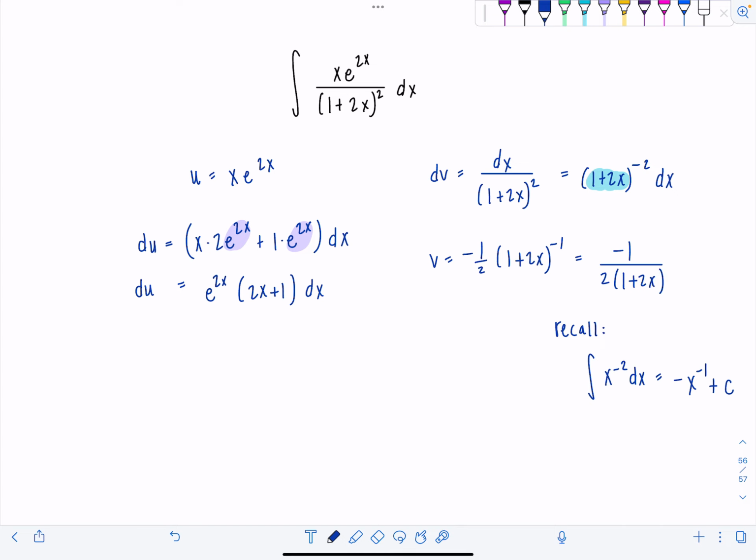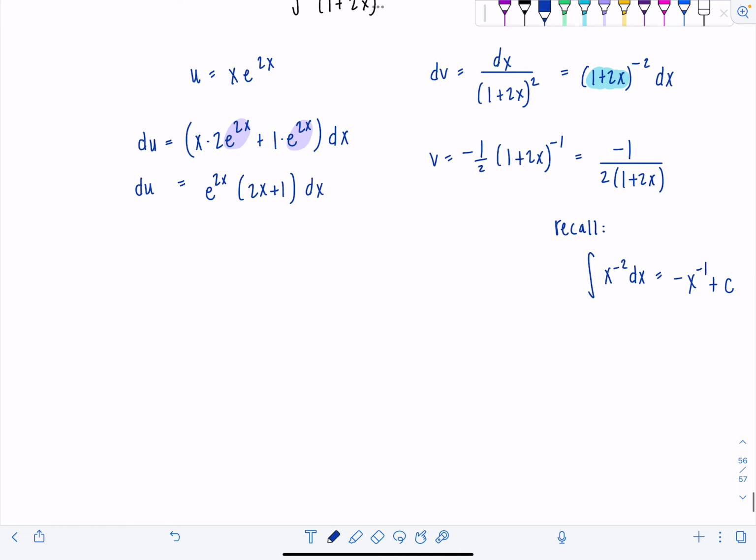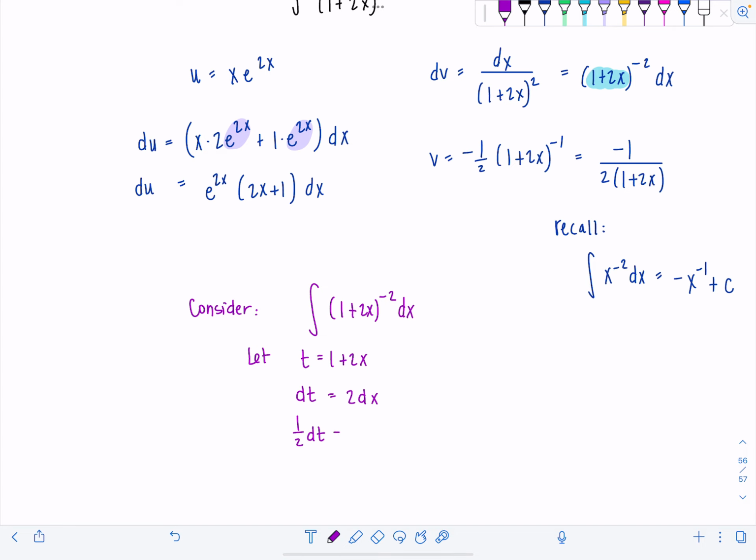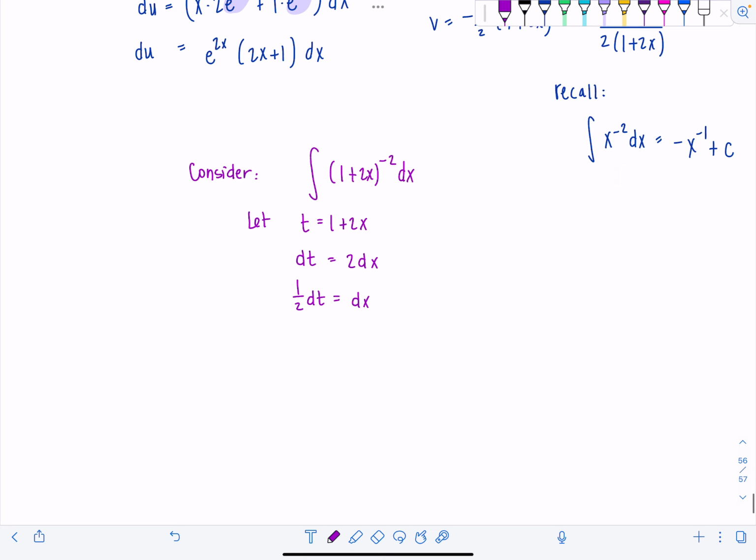Now, if you don't see why we need that 1/2, then you can go ahead and do a full-on substitution, and I'll show you that here right now really quickly. So if you need to just say, okay, this antiderivative was beefy for me, (1 plus 2x) to the negative second dx. Don't use u, let's just say let t equal 1 plus 2x. dt would be 2 dx. So 1/2 dt is dx. And then now this is just going to be 1/2 integral t to the negative second dt.